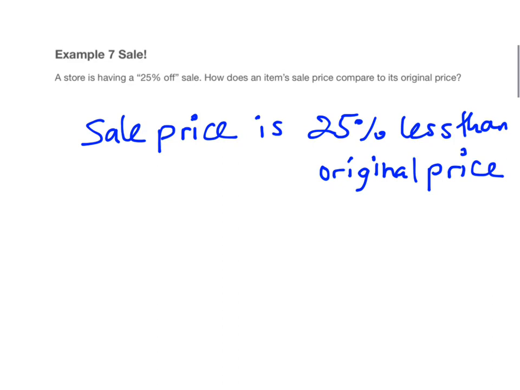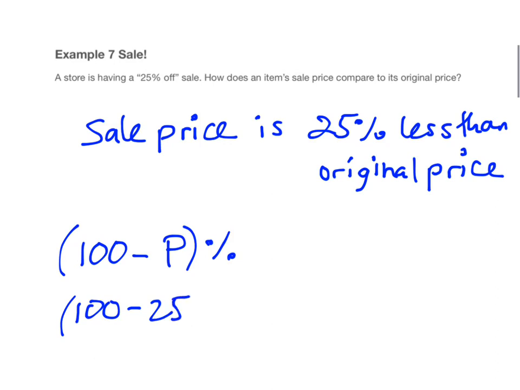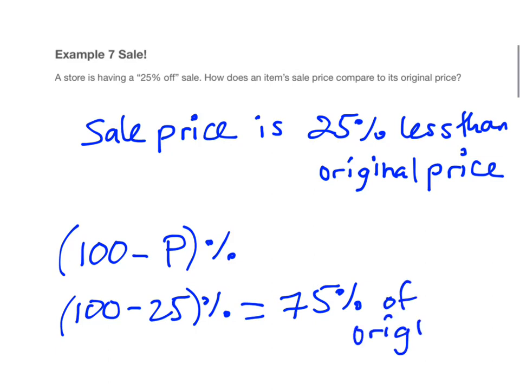Let's take the shortcut and use the little general formula, which would be 100 minus whatever that percent off or percent less than is. So we could say the sale price is 100 minus 25%, or the sale price is 75% of the original. And that's it.